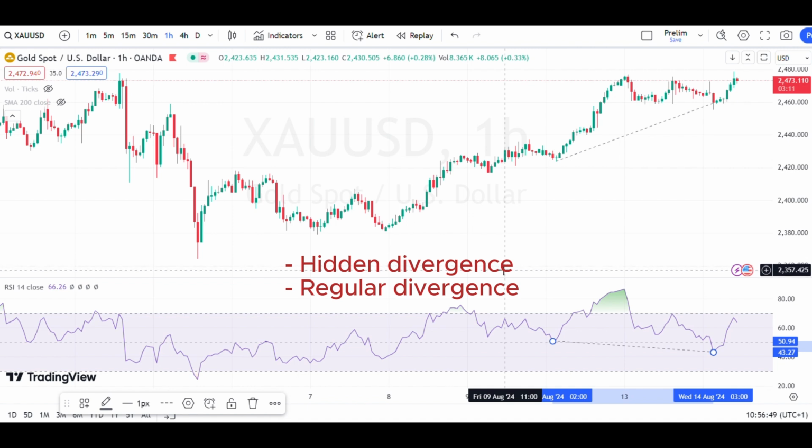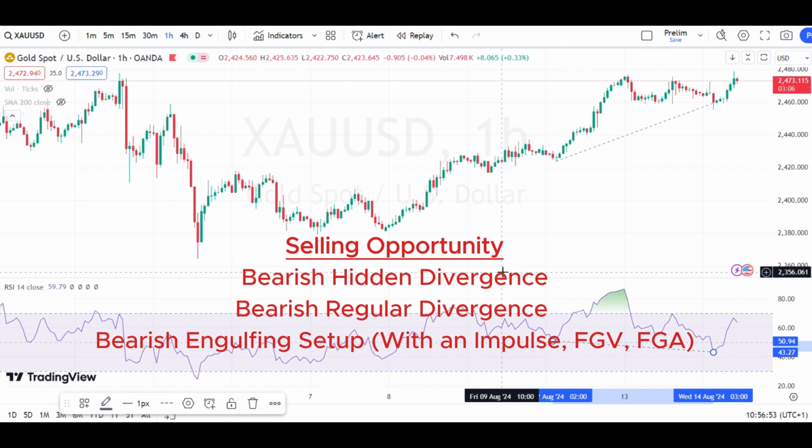So if you're looking out for a selling opportunity, you look out for a bearish hidden divergence, and afterwards you look out for a regular bearish divergence. After getting that, you find where you get a bearish engulfing setup, and then you move into your entry.